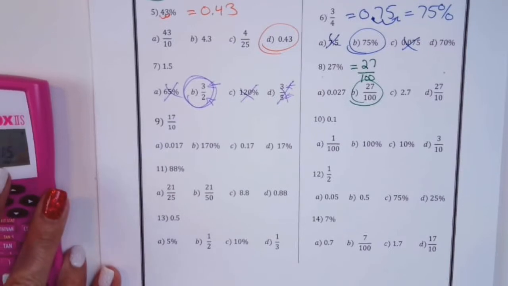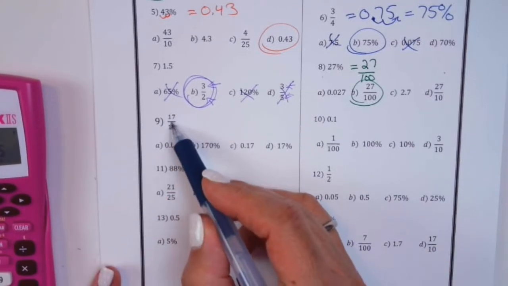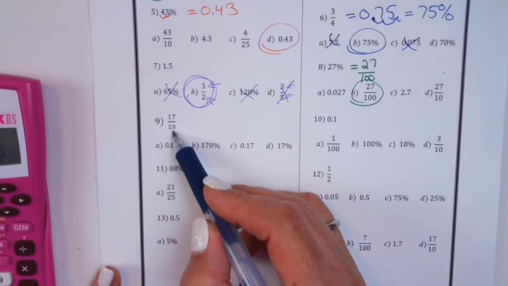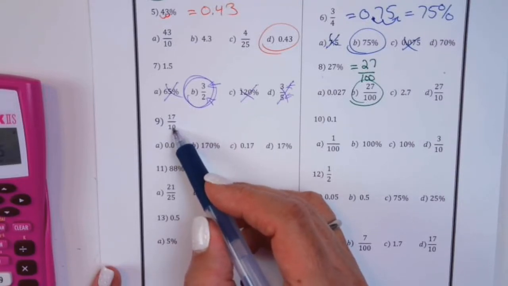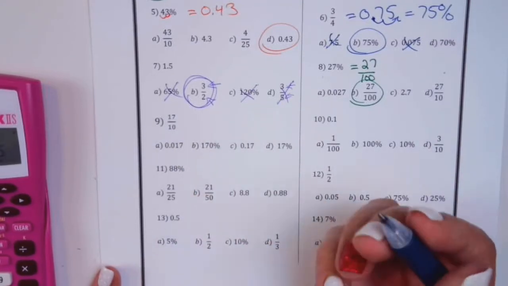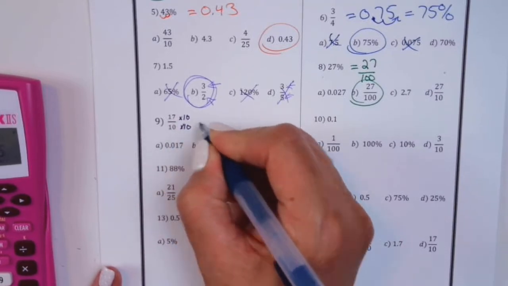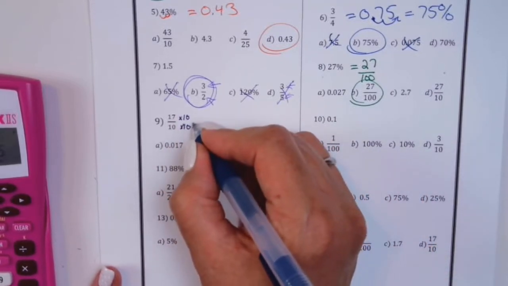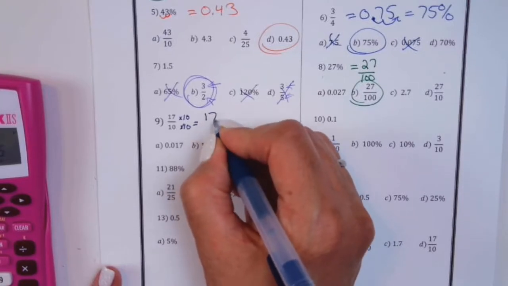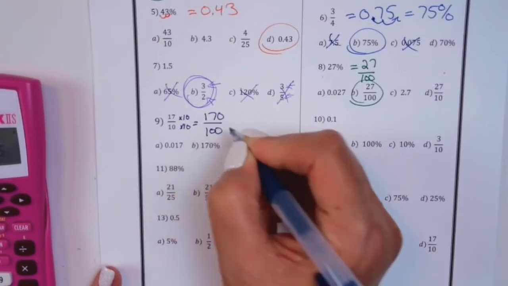So this is 17 divided by 10, which means that it is not over 100. So we can't just write this as a percent. There's two options. We can multiply this by 10, and we would have to do both the numerator and the denominator, and rewrite it as 170 over 100.